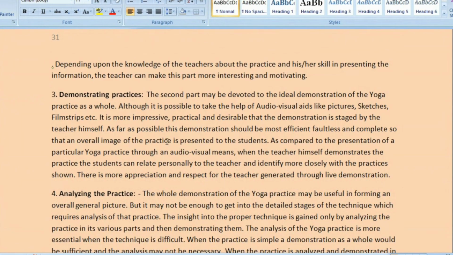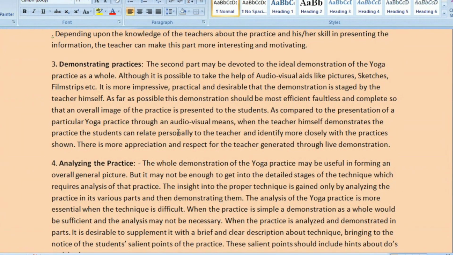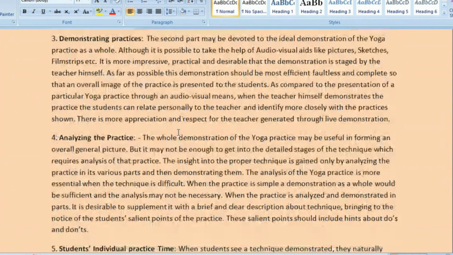As far as possible, this demonstration should be most efficient, faultless, and complete so that an overall image of the practice is presented to the students, as compared to the presentation of a particular yoga practice through an audio visual means.